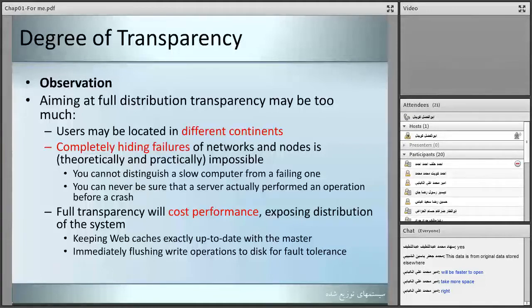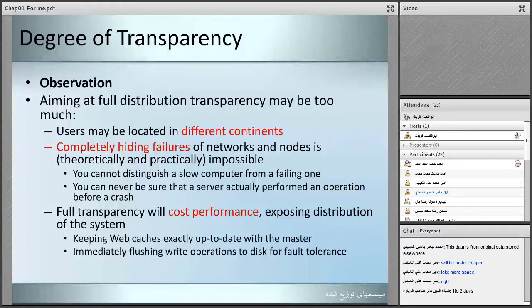Every 1 hour, every 10 hours, every 2 days? How often? It is the degree of transparency. If you want to make your system fully transparent, it means that your cached files must be updated every few seconds, every 2 seconds, for example.